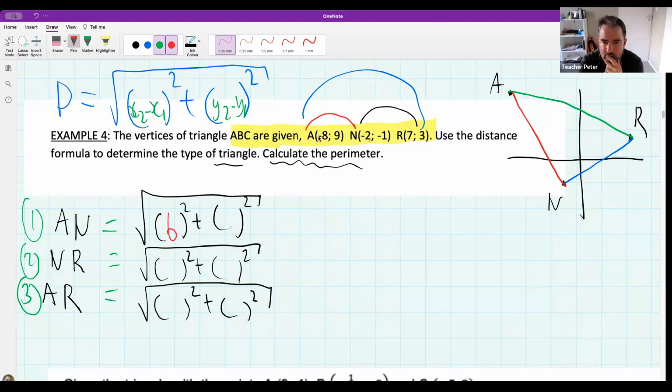So -2 minus 8 is -2 plus 8. -1 minus 9 is -10.